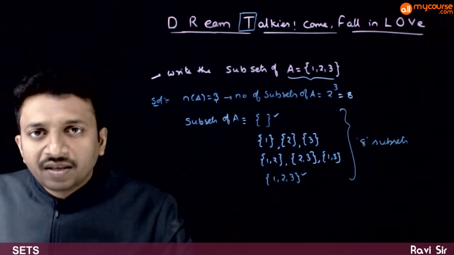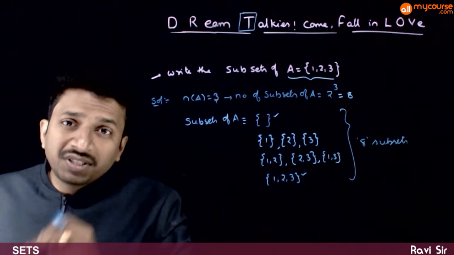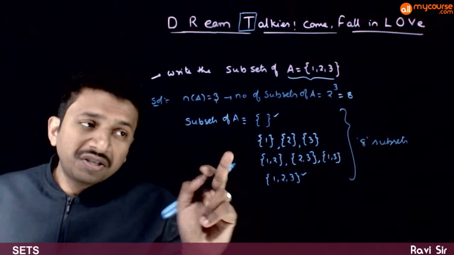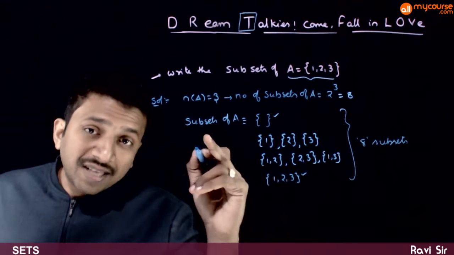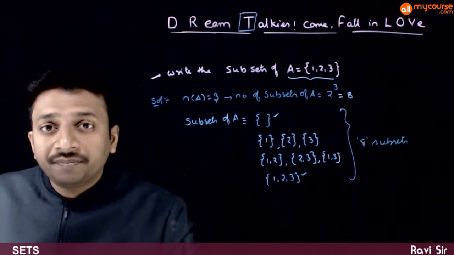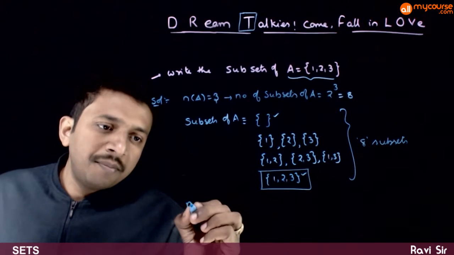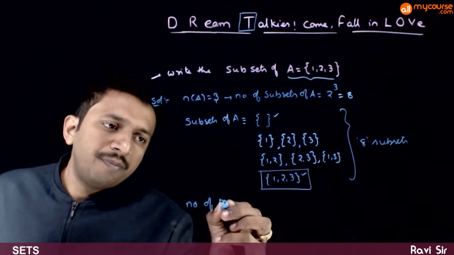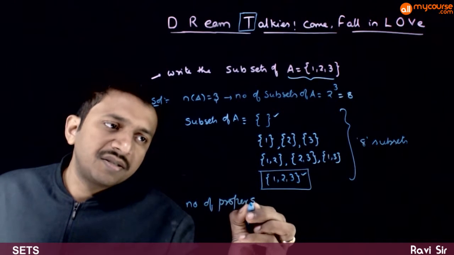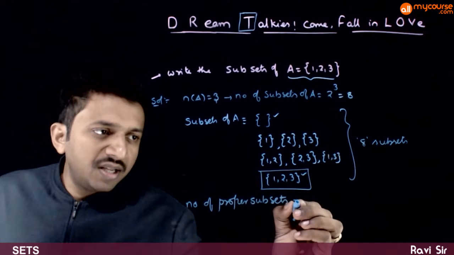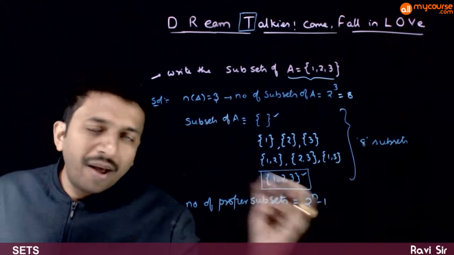If you want proper subsets, a proper subset is a subset of A but not equal to A. So if you exclude A itself, the number of proper subsets is equal to 2 power n minus 1.